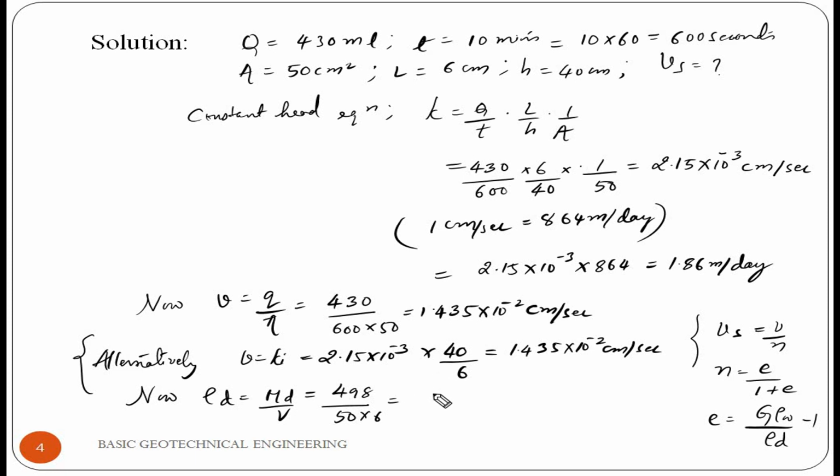So it is coming around 1.66 gram per cm cube.